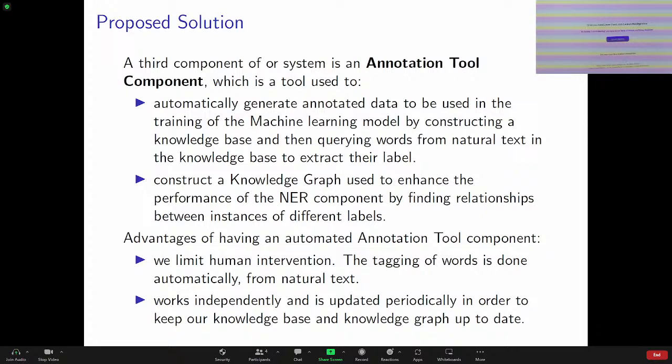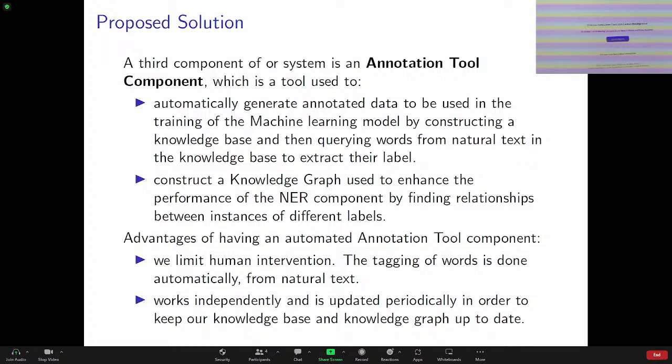Basically, this annotation tool component is able to automatically generate annotated data from natural text, by constructing a knowledge base from an online ontology, by performing ontology mapping, and querying for each word if the knowledge base contains the word and labeling it accordingly. What's more, the annotation tool generates a knowledge graph that will be used to enhance the performance of our machine learning model.